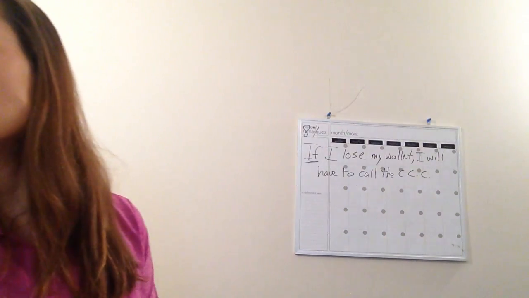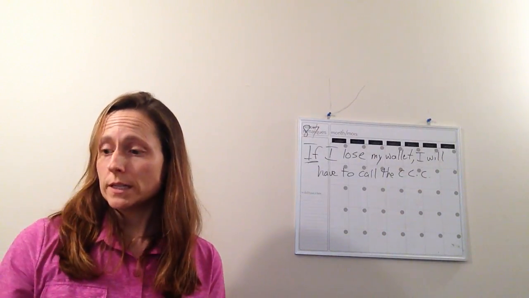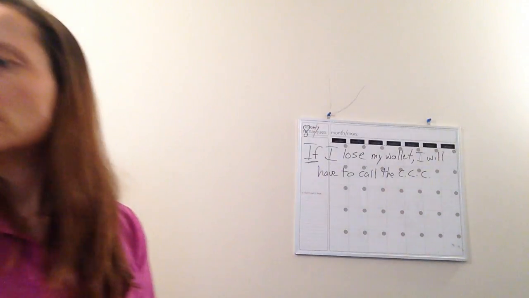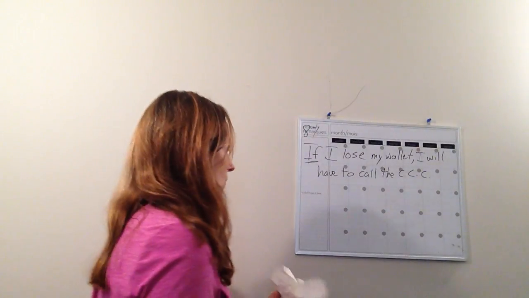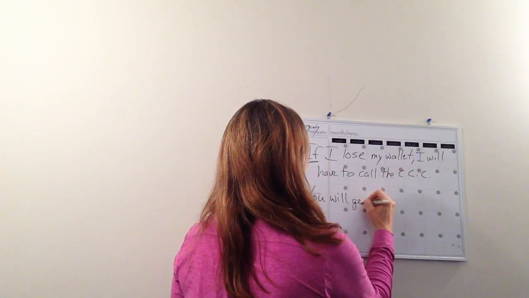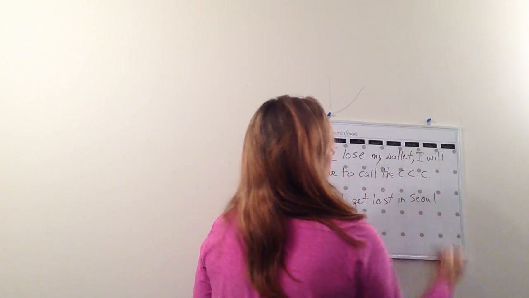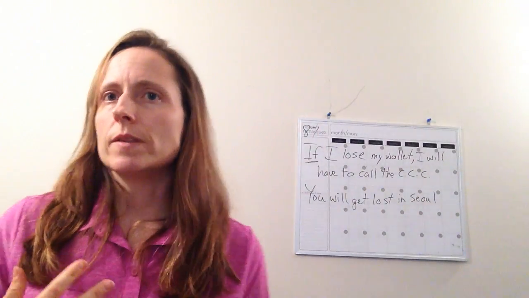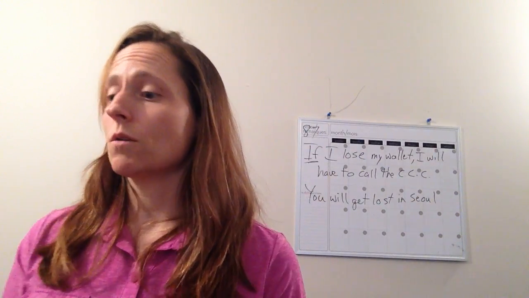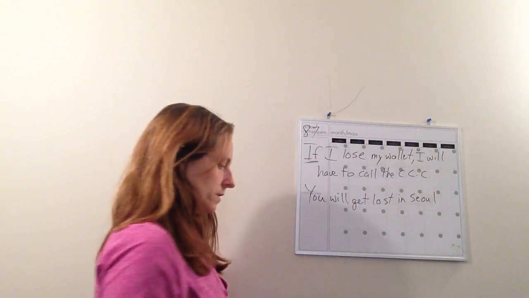Okay, so number 2, who has the first part of number 2? Okay, good. What does your slip of paper say? You will get lost in Seoul. Good. Okay, so who thinks that they have the second part? Okay, good. What does your slip of paper say? Okay, interesting.